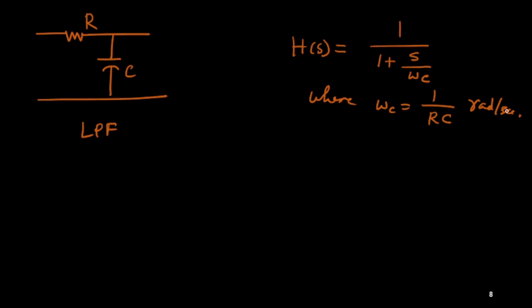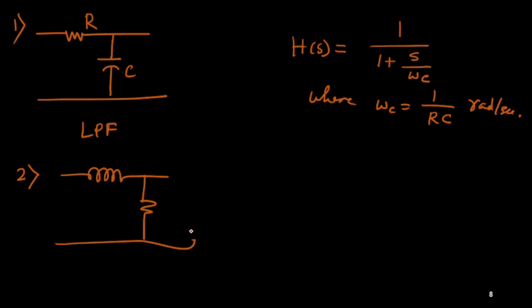Now a similar thing we can design. So this is one R and C. Now a similar thing you will be getting with an inductor. So if I consider this circuit, one inductor here and one resistance here, and I take the output from this resistance, this is the output V0, this is inductance L, this is resistance R, and this is Vi.